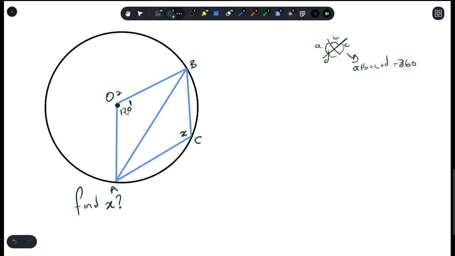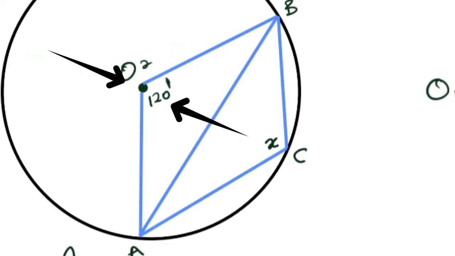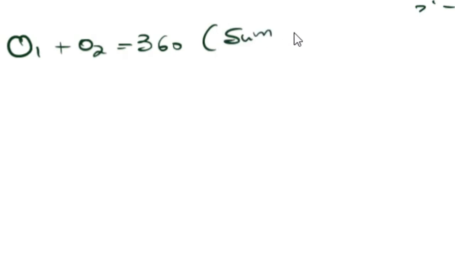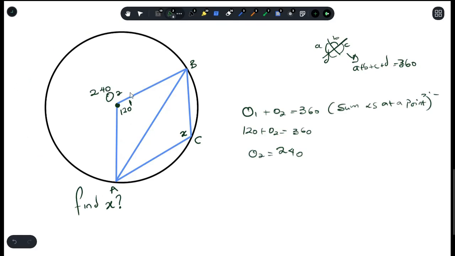Now, to answer this question, you have to have an idea of angles around a point. The sum of angles around a point adds up to 360. And we're going to use that in answering the question. The first thing we understand over here is that O1 plus O2 is equal to 360. The reason is sum of angles at a point. We will replace O1 with 120, and by calculating, O2 will be 240.